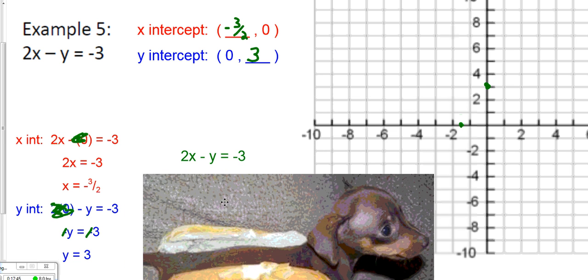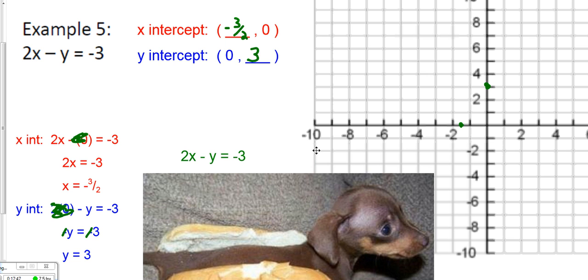So, switching it over to a slope-intercept equation, we have 2x minus y equals negative 3. If it helps, remember this is like a minus 1y or a negative 1. So we're saying y is being multiplied by negative 1, and then we're adding this 2x at the end.